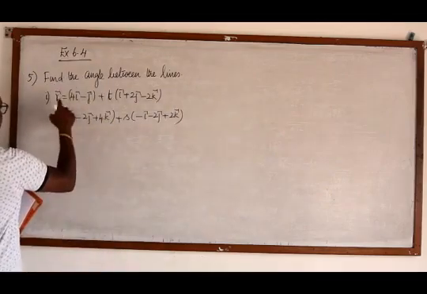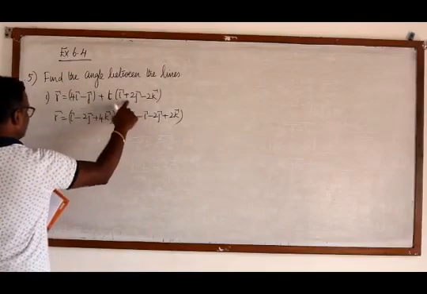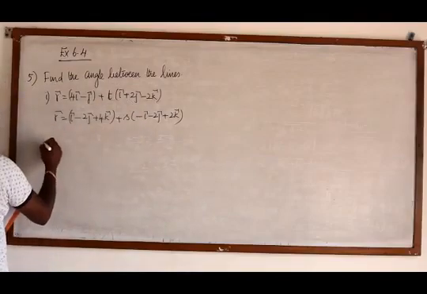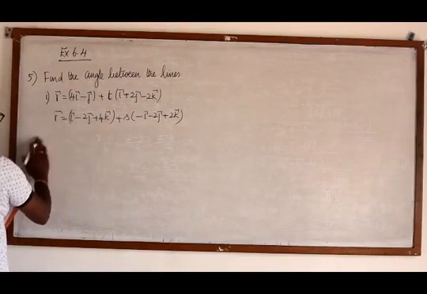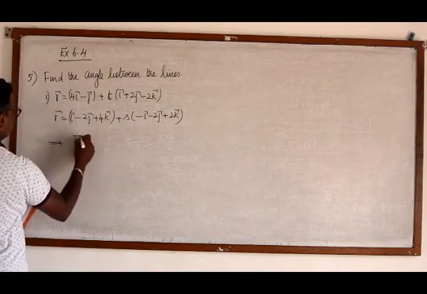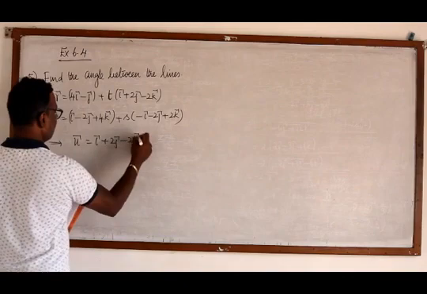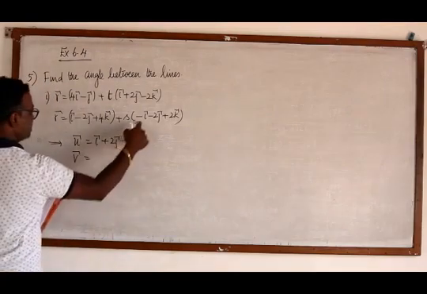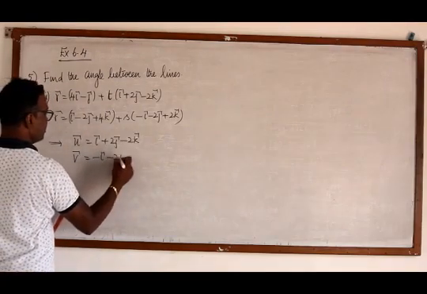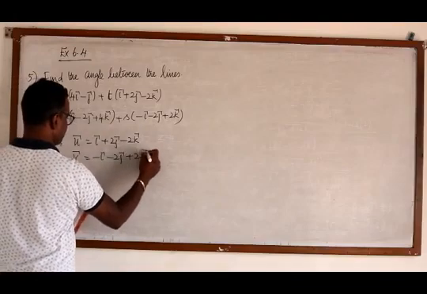So this is the vector, the u vector. So we write straightaway: here u vector is i plus 2j minus 2k. Then v vector is minus i minus 2j plus 2k.